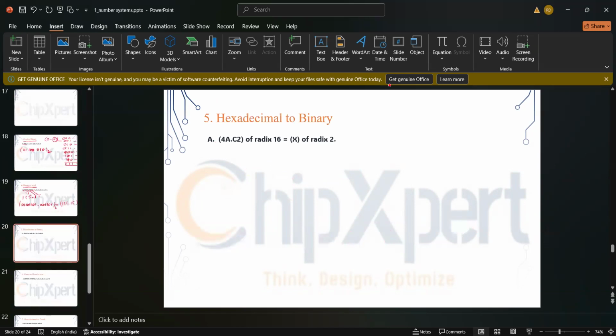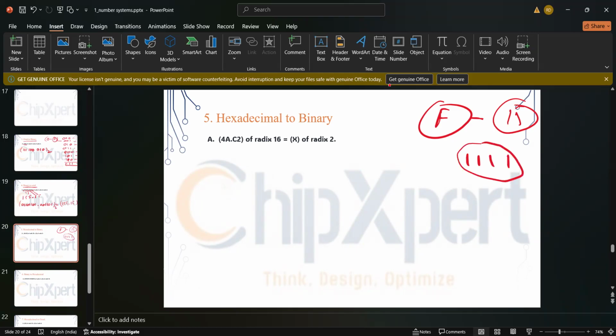And the next conversion is hexadecimal number to binary conversion. What was the highest value in a hexadecimal number? F, right? F is nothing but 15. To represent 15, how many bits do I need? 1 1 1 1, 4 bits, right? So to represent each and every digit in hexadecimal format, we need 4 bits. What was the representation of 4? 0 1 0 0.